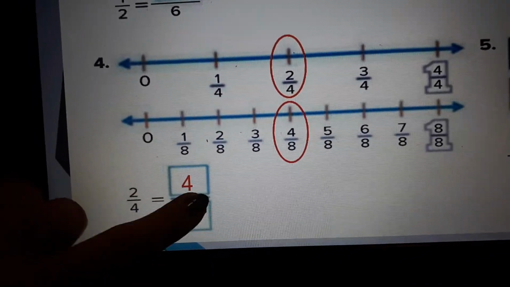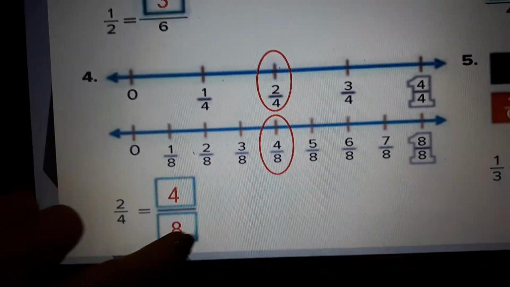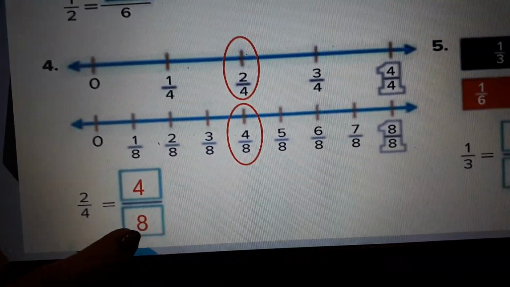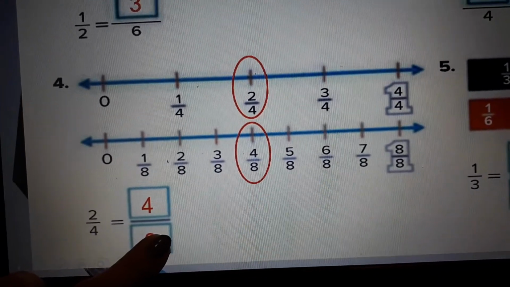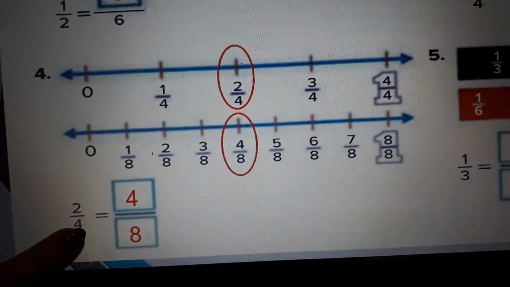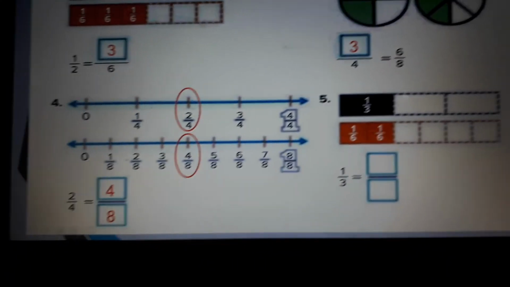So 2 times 2 equals 4. 4 times 2 equals 8. That's why our fractions are equivalent, because they have the same multiplication. 2 times 2 equals 4. 4 times 2 equals 8. So both have the same number.